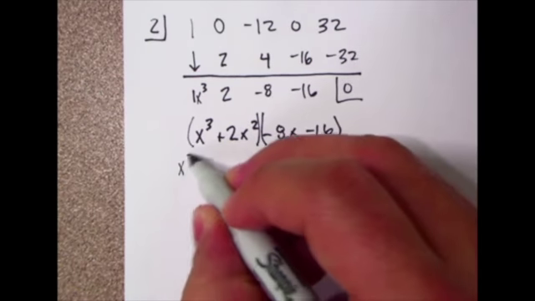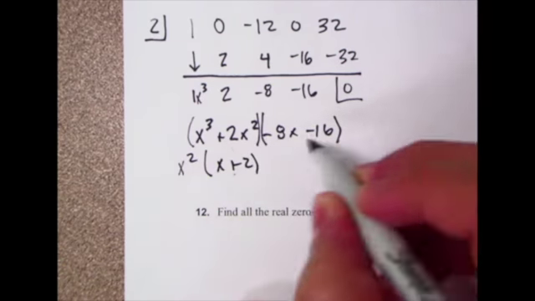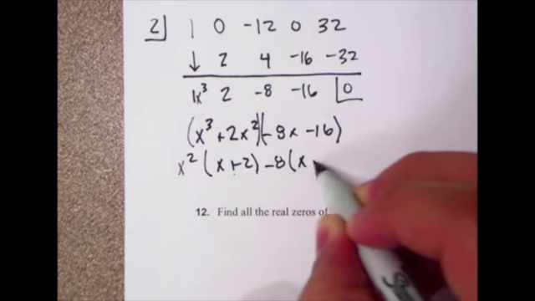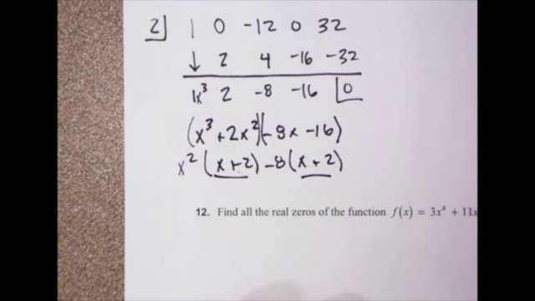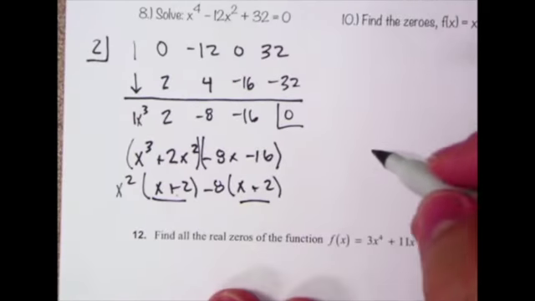Here I'll take out an x squared, which leaves me with x plus 2. Here I'll take out a negative 8, which will give me x plus 2. I know I did that right because both of my parentheses are the same. So I'm gonna continue over here so I have some space.